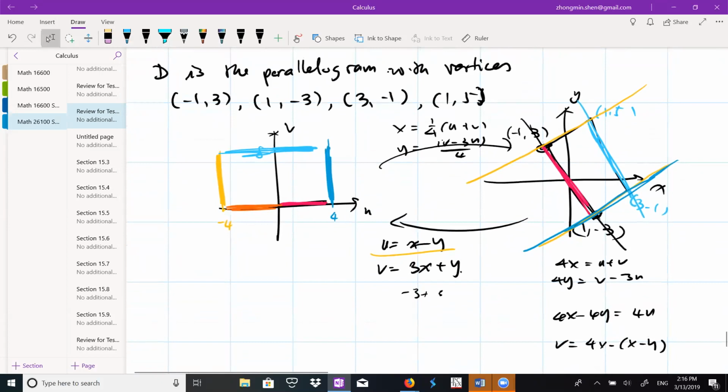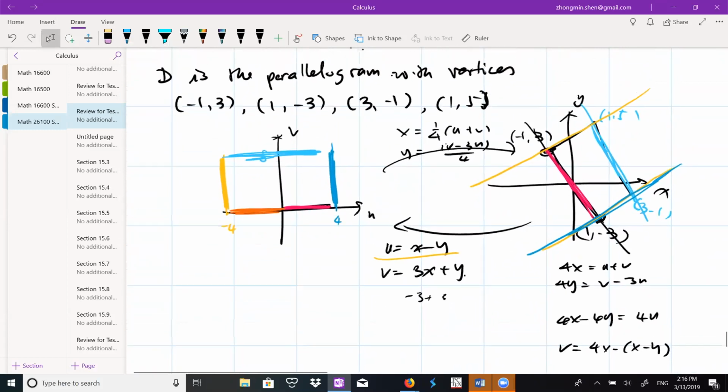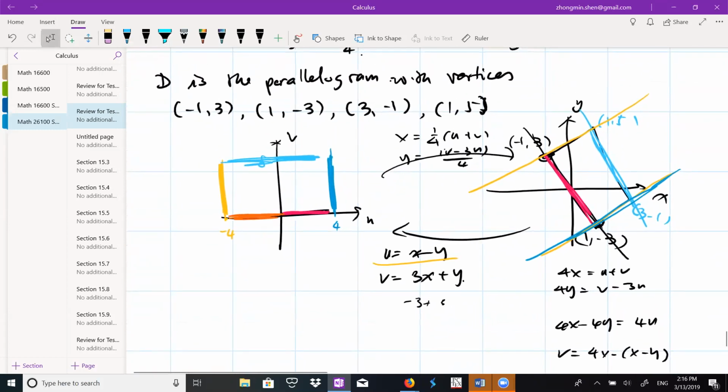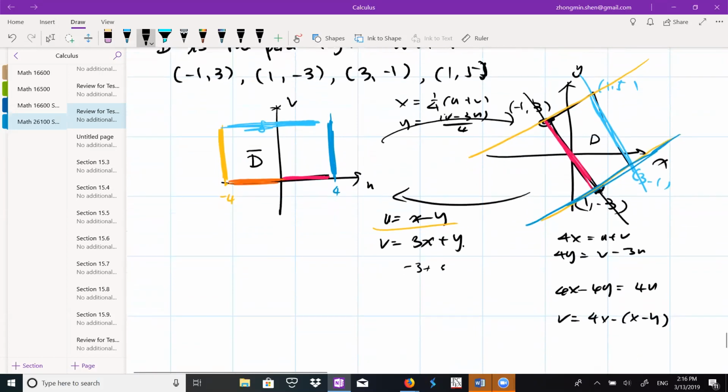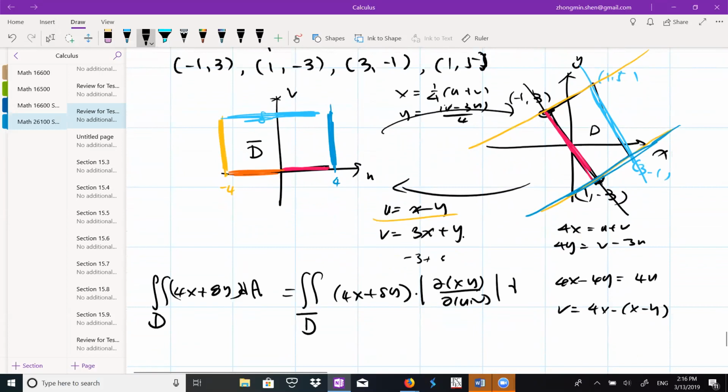What I have to do is find the Jacobian, because this map, let's call it D bar. That's D, double integral, right? So according to the formula, the double integral of 4x plus 8y dA is going to be the double integral over D bar of 4x plus 8y times the absolute value of the determinant dA bar.